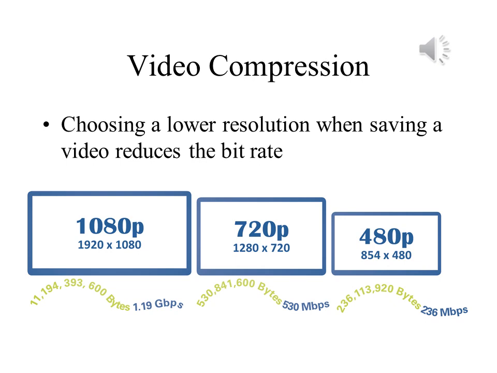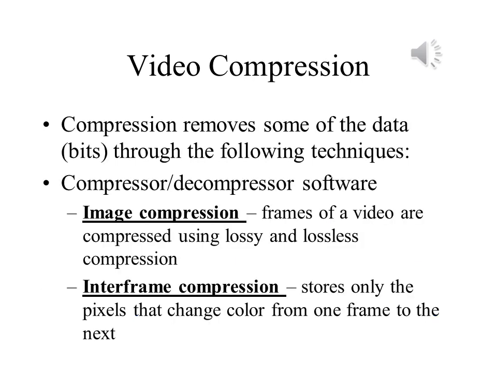If I shrink it to 854 times 480, I only need a bit rate of 236 megabits per second, reducing the bit rate to 19% of its original size. This makes it far more practical to download and watch.